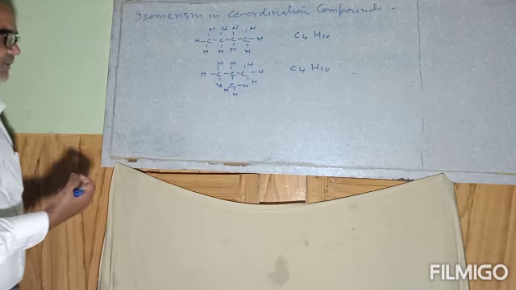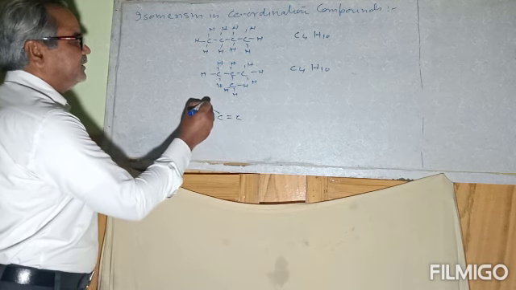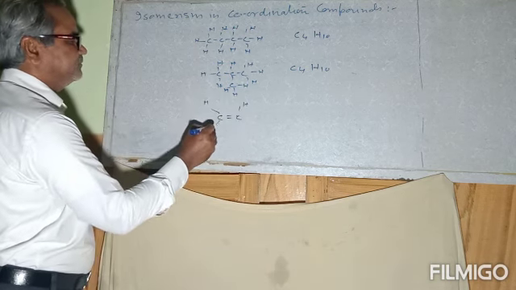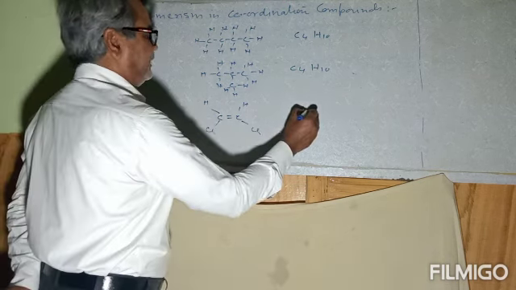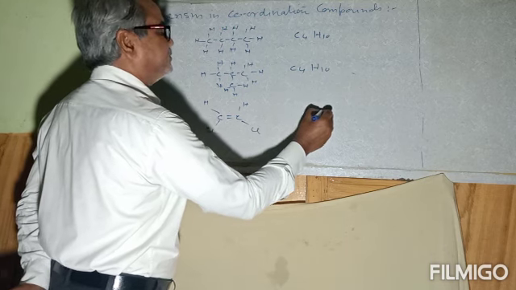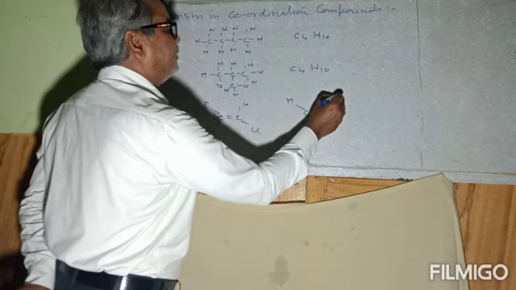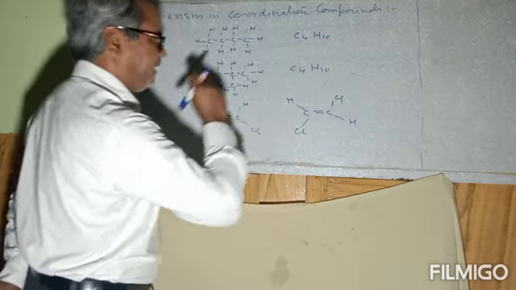One more example. C double bond C, H, Cl, and the other compound C double bond C single bond H single bond Cl single bond H single bond Cl.